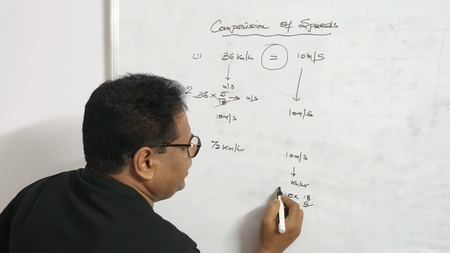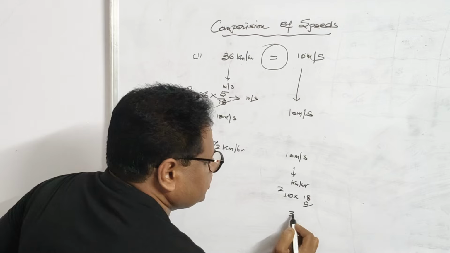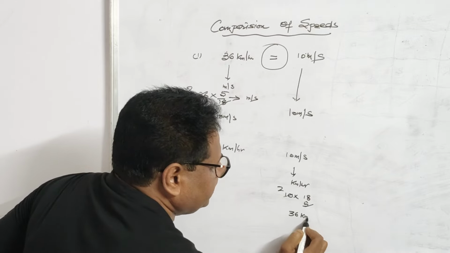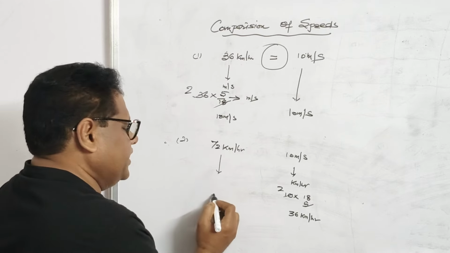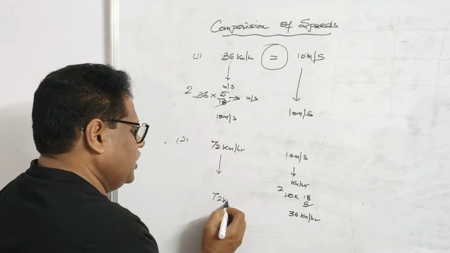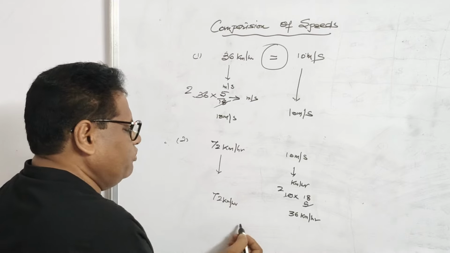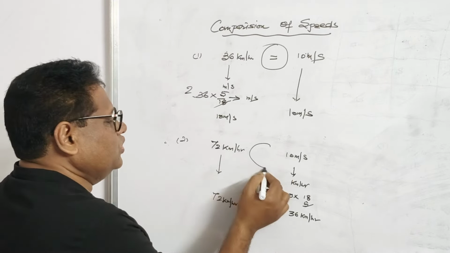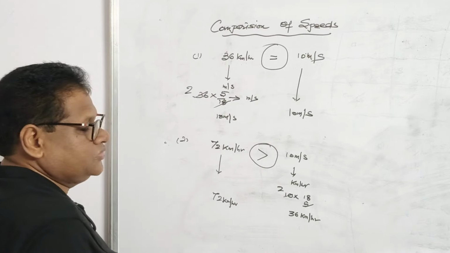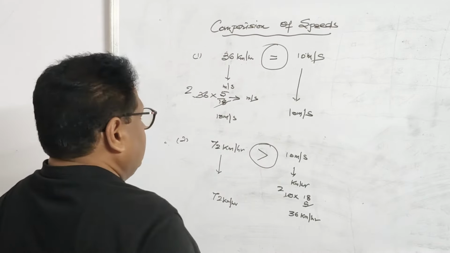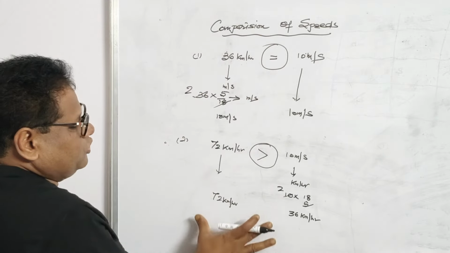So 5 twos are 10, it comes to 36 kilometer per hour, whereas this speed is 72 kilometer per hour. Obviously this is bigger, so in the circle we can put the greater than sign. Okay, so this is the comparison of speeds.